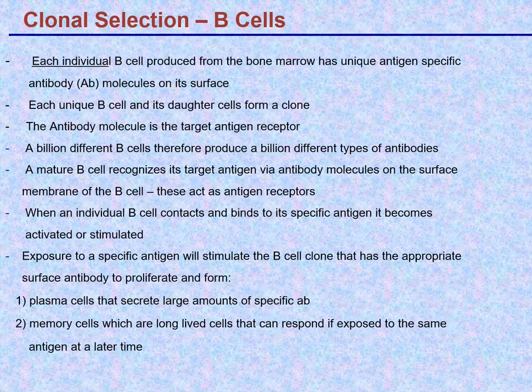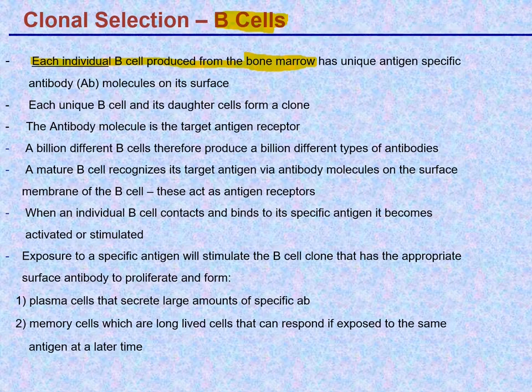There's another process which is called clonal selection. I'm going to describe it here for B cells, but it also operates the same way with T cells. Each individual unique B cell that gets produced out of the primary lymphoid organ, the bone marrow, has a particular unique specificity for a certain target due to the variable regions at the end of the two arms.